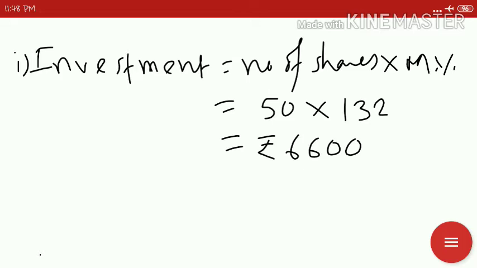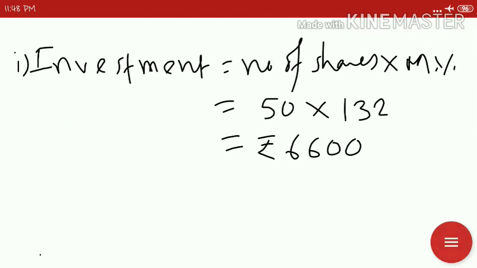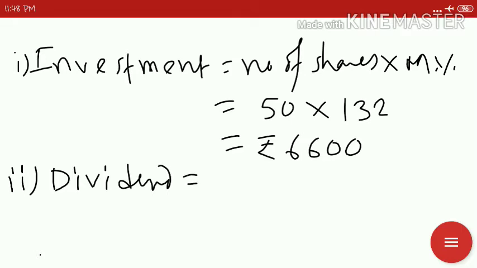Now the second one. The second one is to find out the dividend. What is the formula of dividend? The dividend formula is number of shares, which I have called n, into the face value and into the rate of dividend.